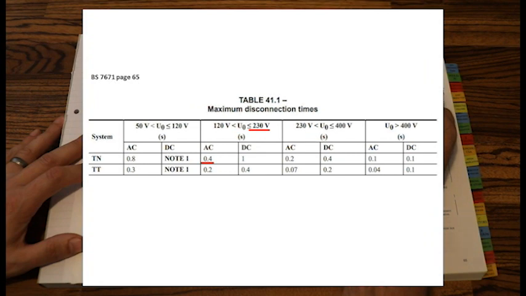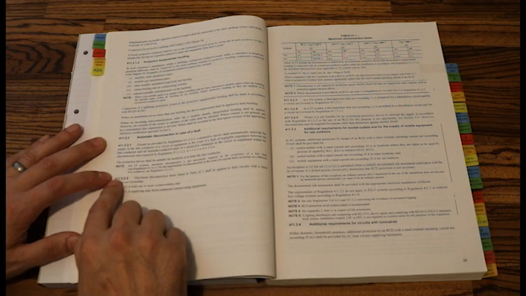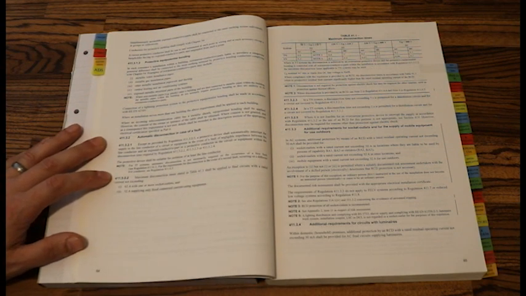This says up to and including 230 volts, my maximum disconnection time for a TN system is 0.4. We use this table when regulation 411.3.2.2 applies.